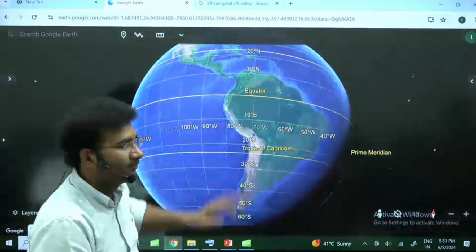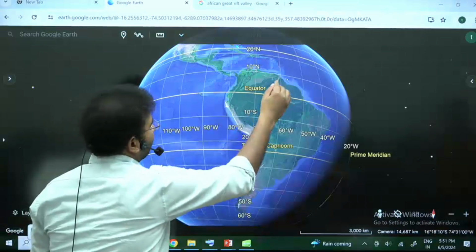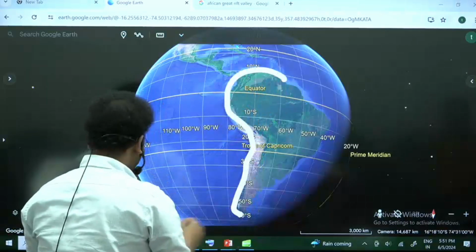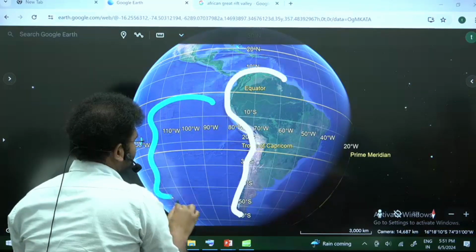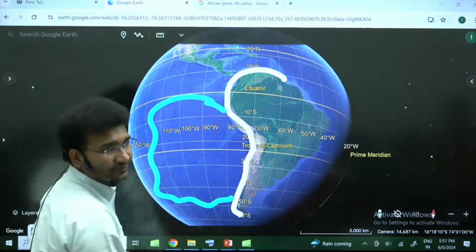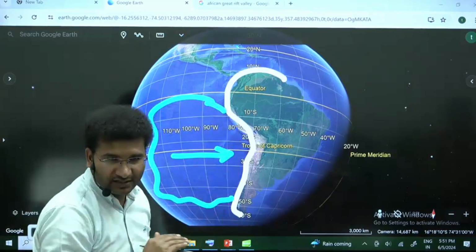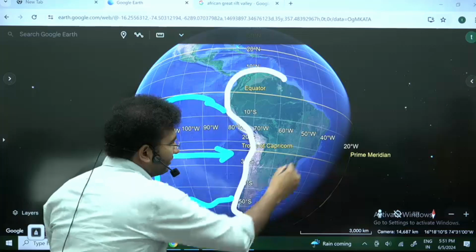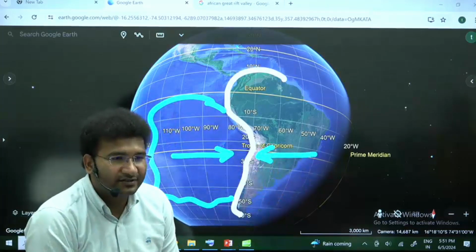Look here. This is continent, and here you have an ocean plate. This is an oceanic plate. This oceanic plate is moving, the surface of the ocean is moving in this direction, and the continental plate is also moving in this direction. What happens?